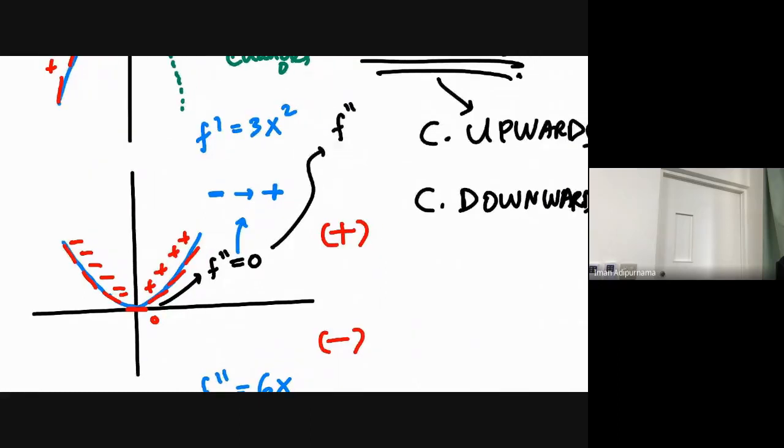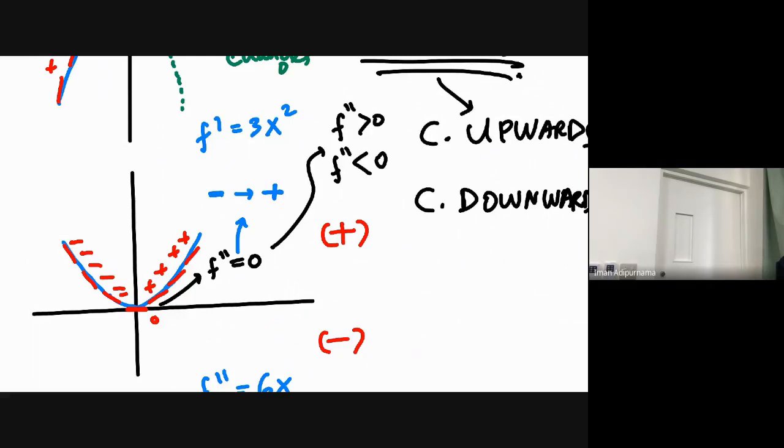When f double prime is greater than 0, or f double prime is less than 0. When f double prime is greater than 0, you say it's concave upwards. It's positive. When you say downwards, it means it's less than 0. It's negative.